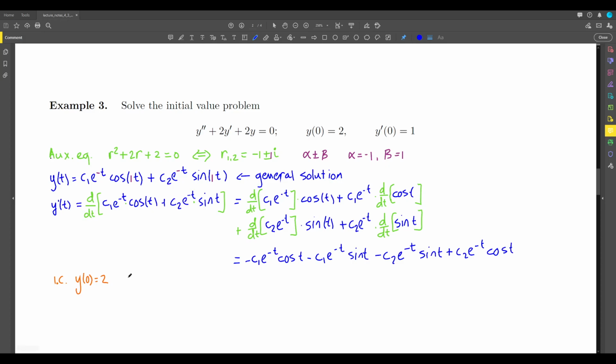And so when we plug that into our original function, we get 2 equals c1 e to the power negative 0 cosine of 0, right? Because t is 0.